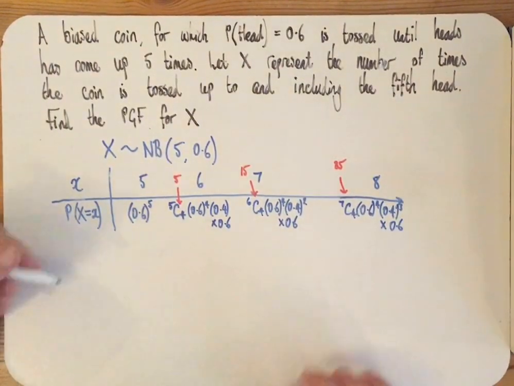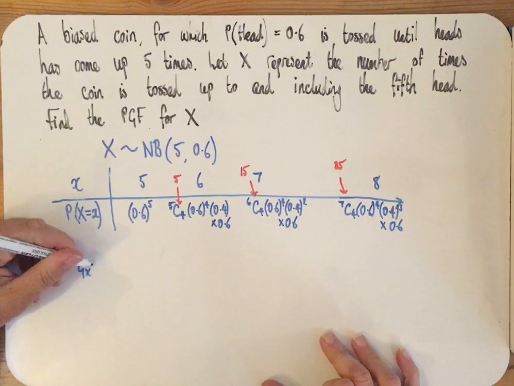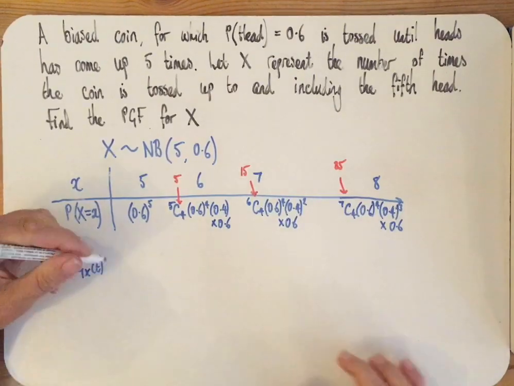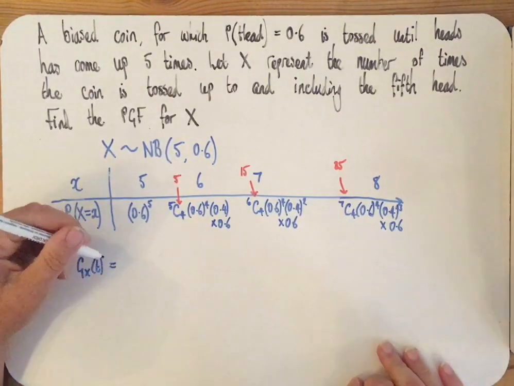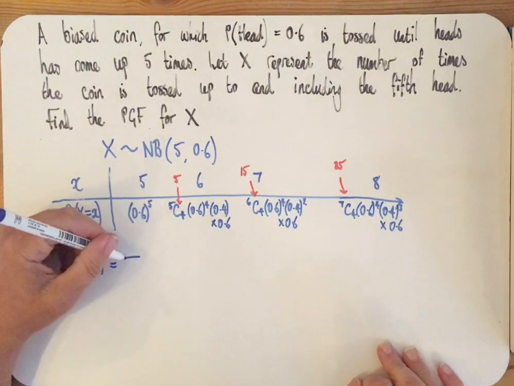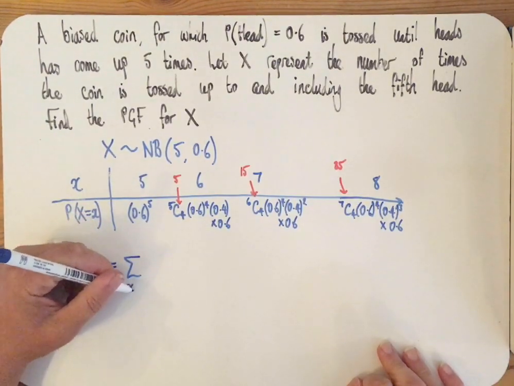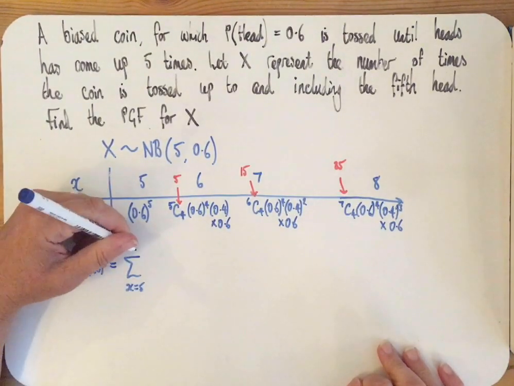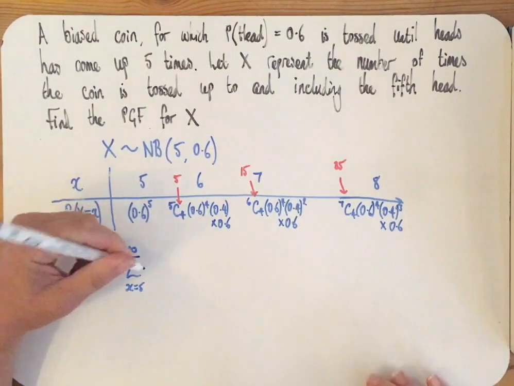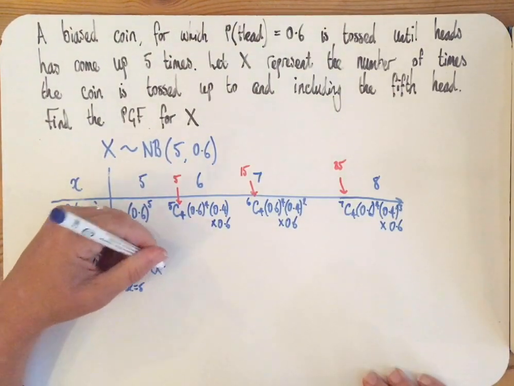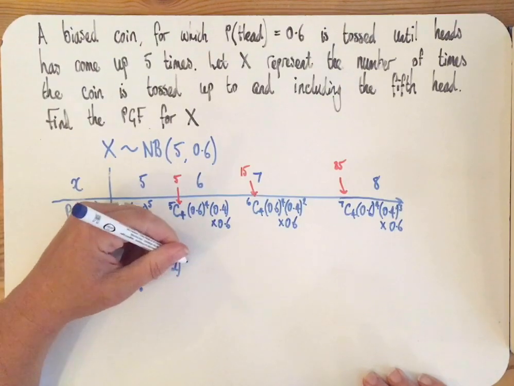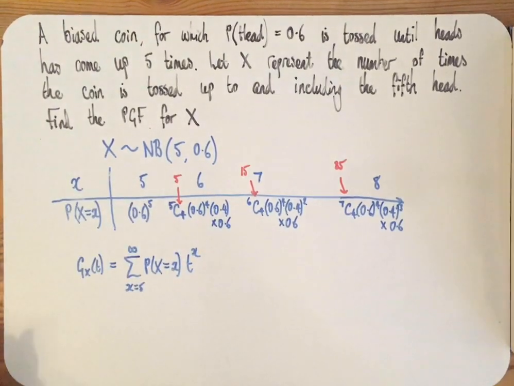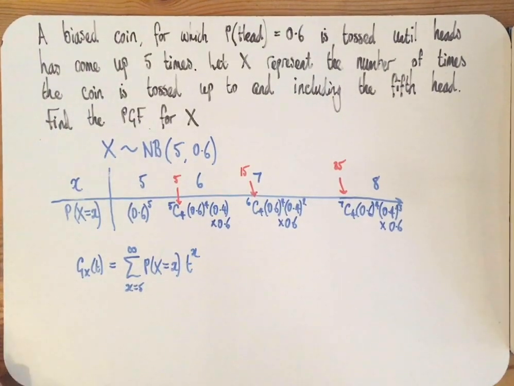Right, and then the probability generating function for x is equal to the sum between x equals 5 and infinity of the probability x equals x times by t to the power of x. And then it's just sorting through this algebra.